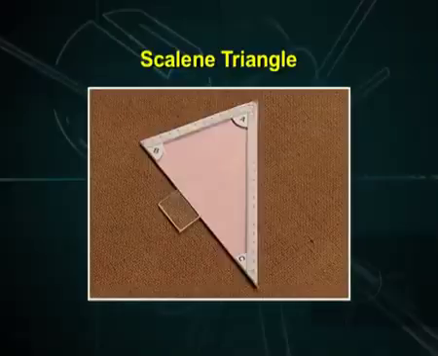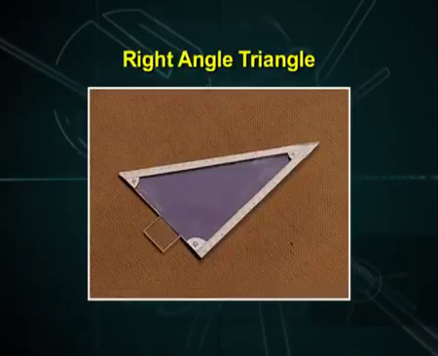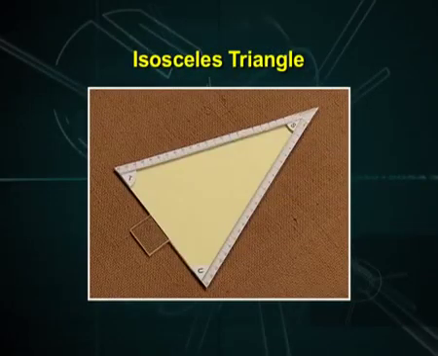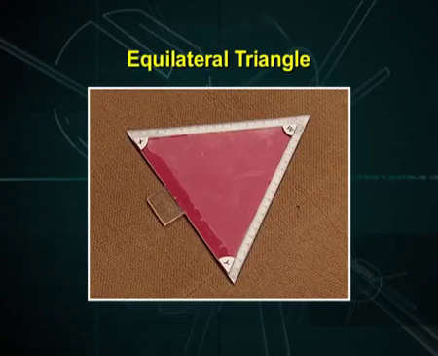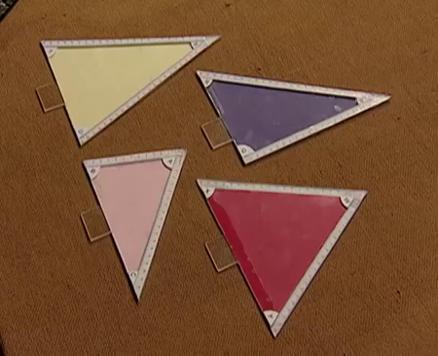We are going to verify this basic proportionality theorem in 4 cases: when we have a scalene triangle, a right angle triangle, an isosceles triangle, and an equilateral triangle.